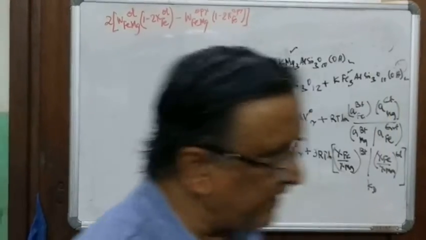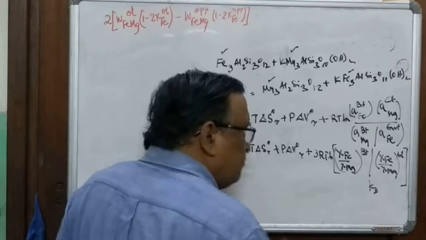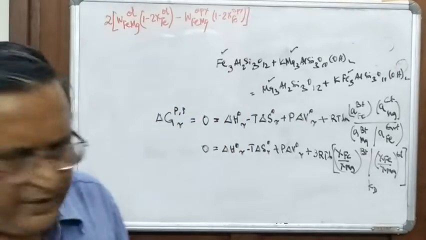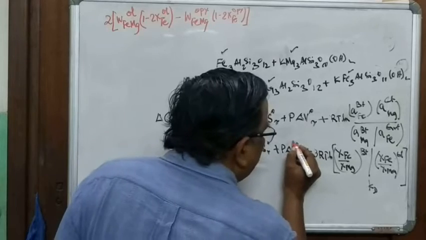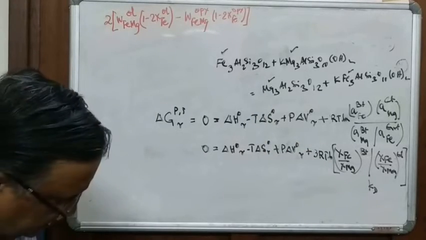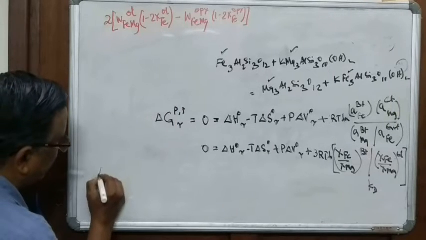So what is happening at this point of time is, for more or less 99.9 recurring percent, the delta V0 value. You see what is delta H0 for this reaction?